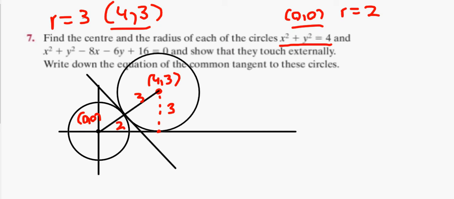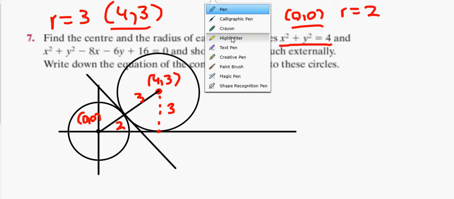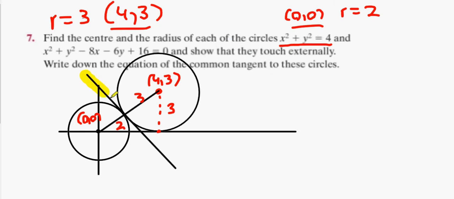My first way is, how do I get the slope of this yellow line here? Any takers? I get the slope of the blue line first. Does everybody know how to use the slope formula from 4, 3 to 0, 0?